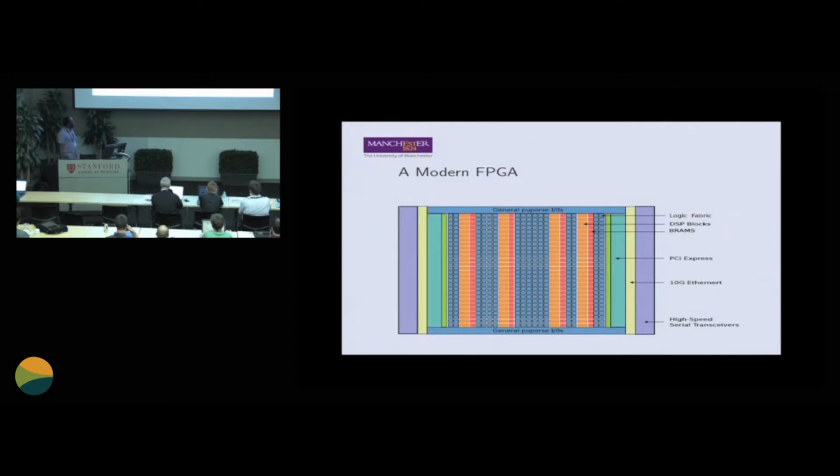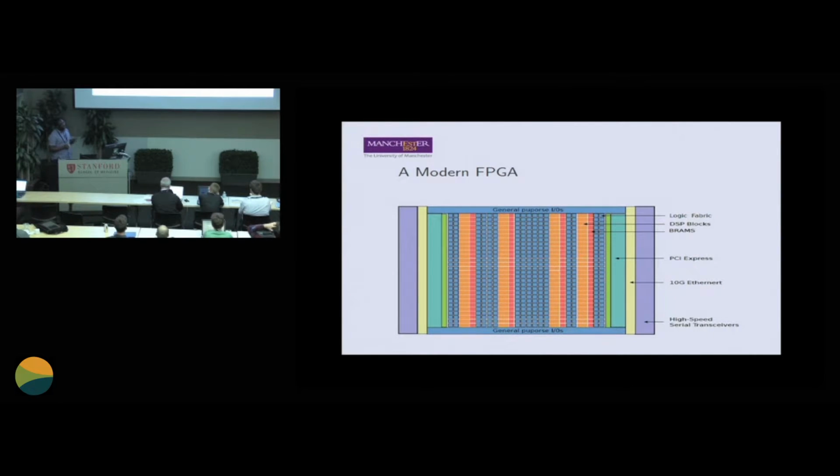In modern FPGAs, it's a little bit more complex. Your lookup tables plus other circuits make up what is often referred to as logic cells. A group of logic cells makes up what is often called a logic block. The logic blocks are connected to one another using a reconfigurable network.